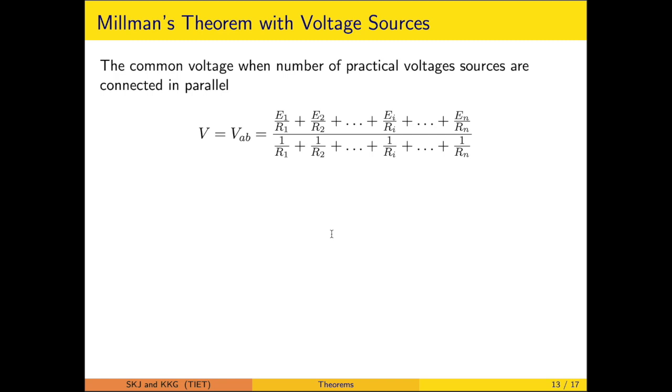If, suppose, a number of practical voltage sources are connected in parallel, the equation is governed by this. Please be mindful when we say practical voltage source. It consists of an internal voltage which is designated as E1 and a corresponding series resistor R1 for the first source, or you can say Ei and Ri are the internal voltage and the series resistance for the ith source.